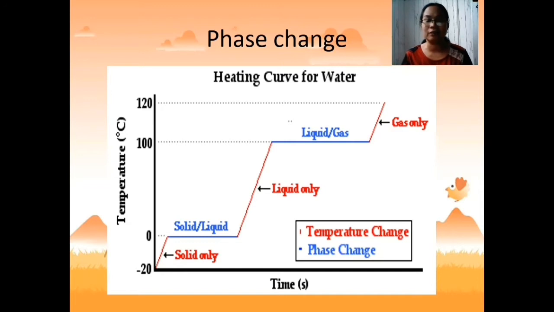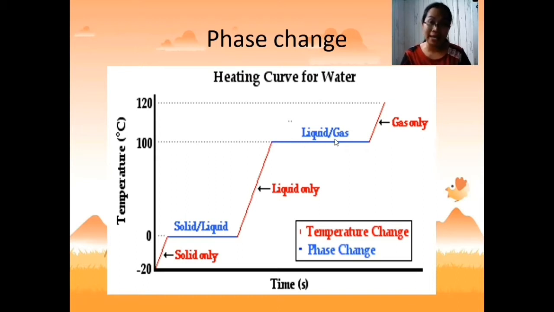So that is melting. And then you can see in the next graph, this is now in the liquid state. That is from 0 degrees Celsius to 100 degrees Celsius, wherein heat is also absorbed. And then at 100 degrees Celsius, which is the boiling point of water, we now have evaporation.